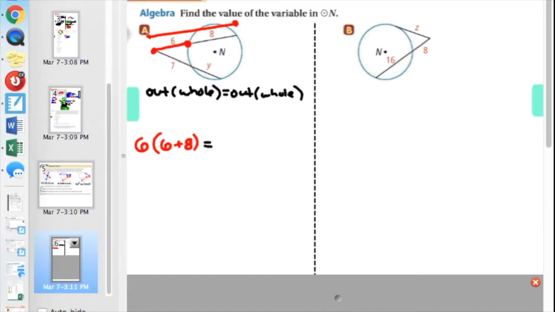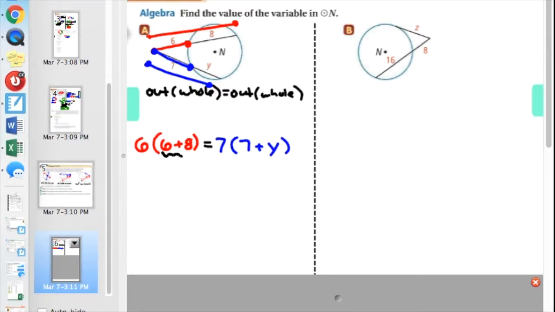All right, so that's my first chunk. Now I need my second outside. My second outside has a length of 7. Now I need the whole. Now this is where my variable comes into play. I have a y. So the whole for this situation is going to be 7 plus y. And now all I need to do is start to simplify my problem here.